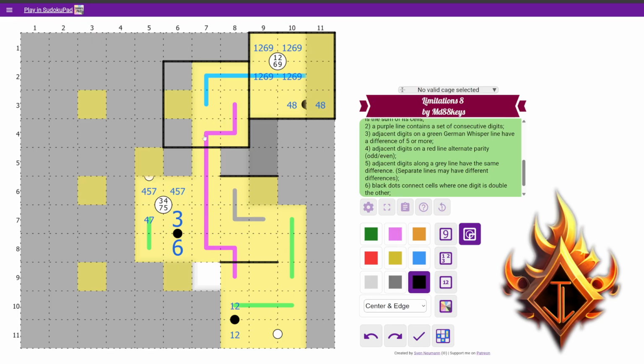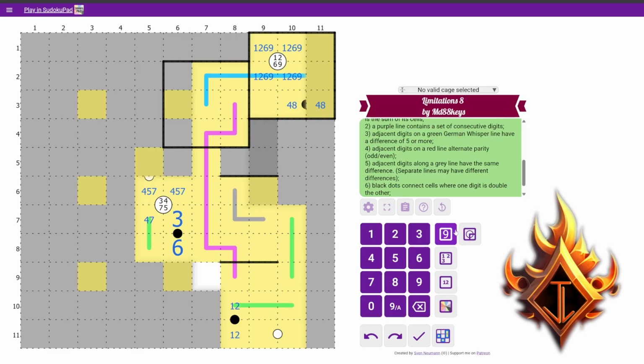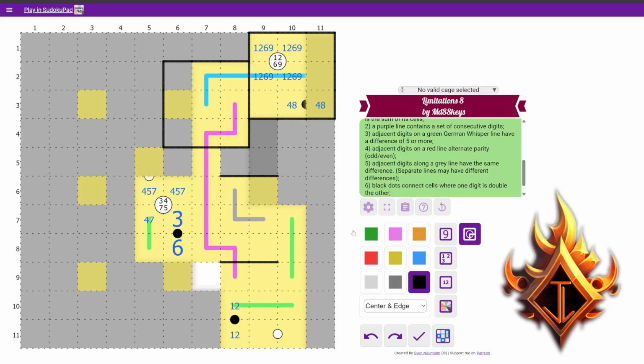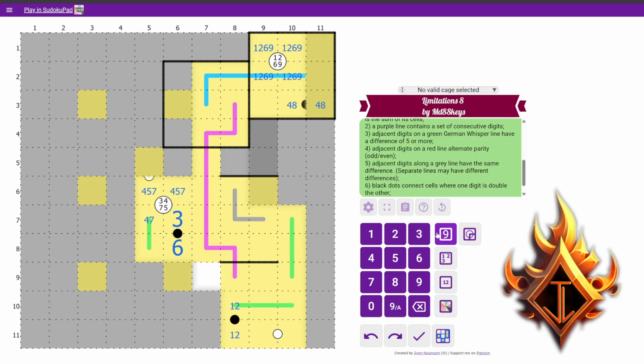One, two, three, 4, 5, 6, 7. Oh, this cannot be the edge of this box, because if it was, there wouldn't be another one fitting over there. So this one must also be yellow.